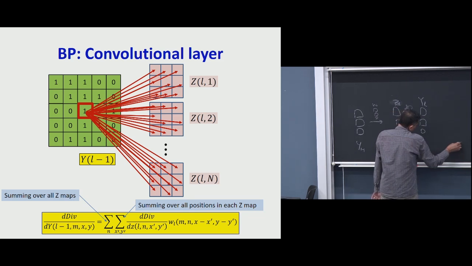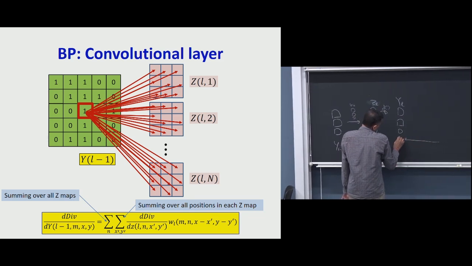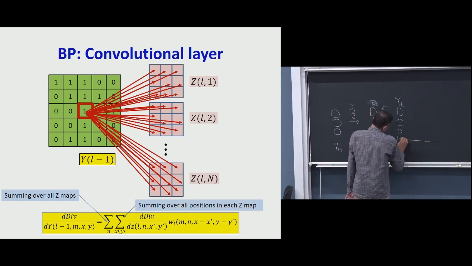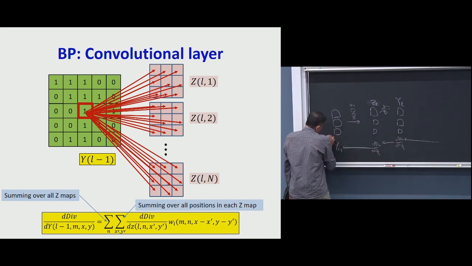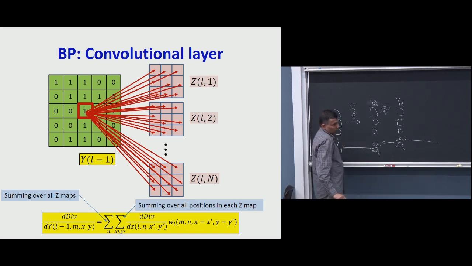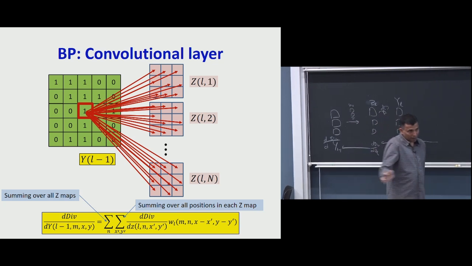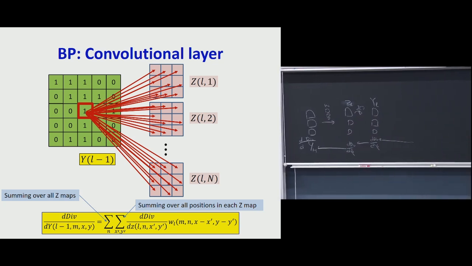So we figured out how to go all the way back here. And if we had this derivative with respect to the YL terms, then it was trivial to compute the derivative of the divergence with respect to the ZL terms. And from those, we figured out how to compute the derivative of the divergence with respect to the YL minus 1 terms. So we figured out the backpropagation all the way to the y.